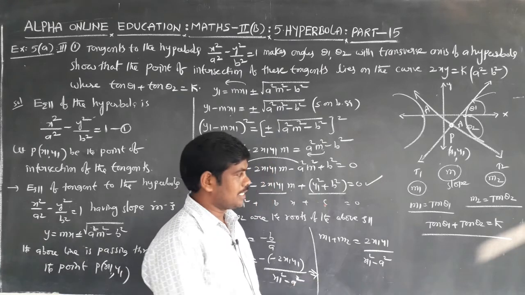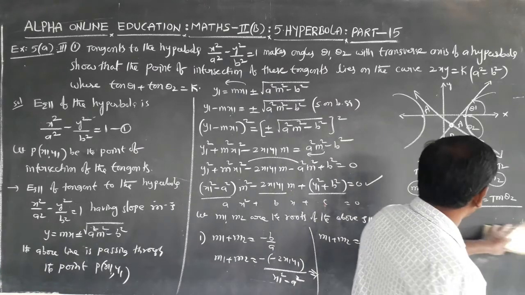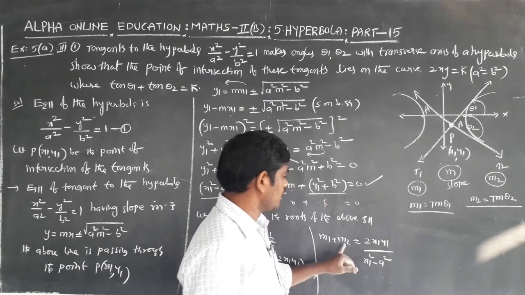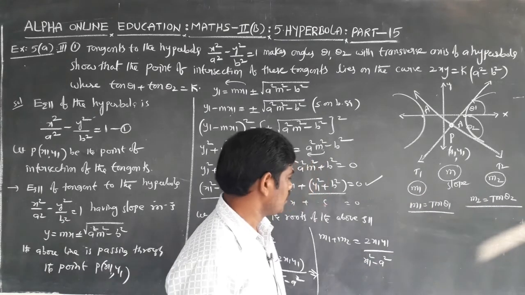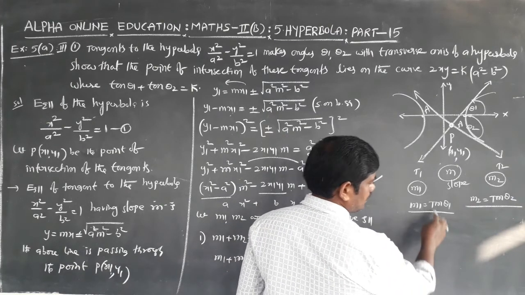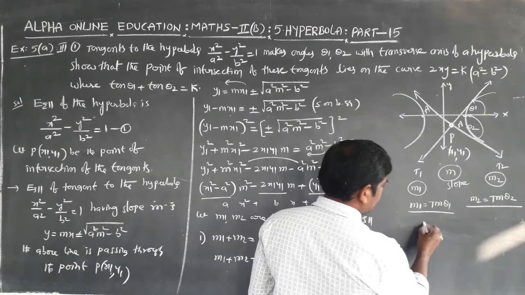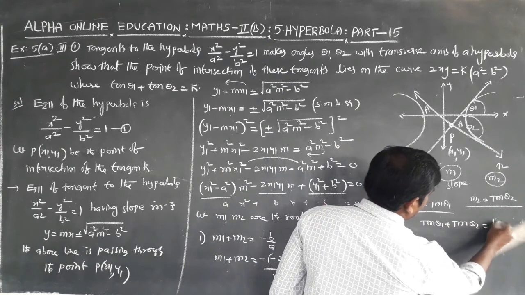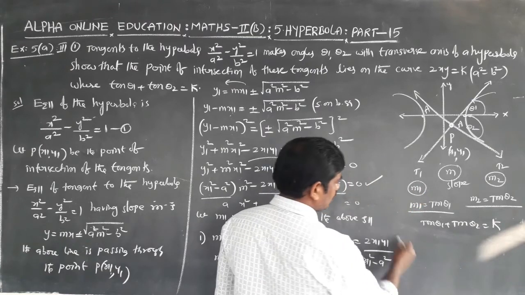Already m1 is equal to tan theta 1, m2 is equal to tan theta 2. Given that tan theta 1 plus tan theta 2 is equal to k.